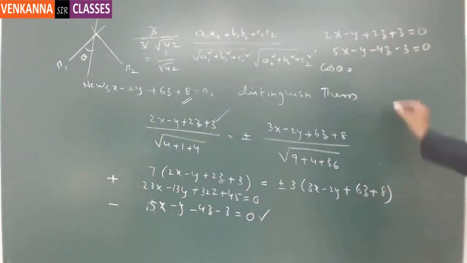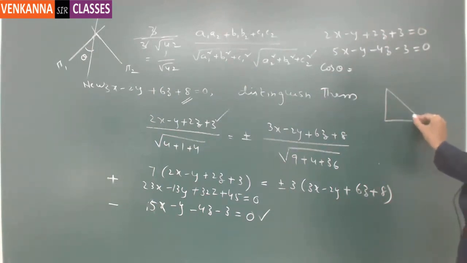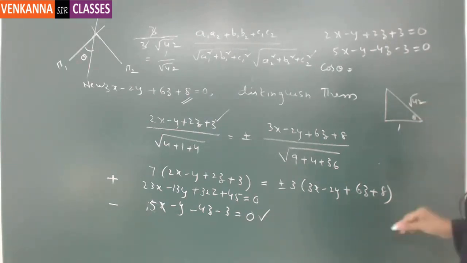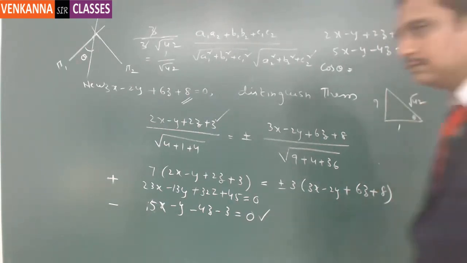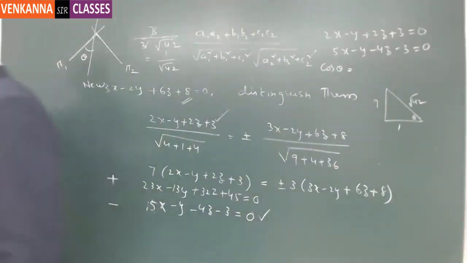Now, if you take the angle substitution, this is theta, you have calculated cos theta, so this is 1, this is root 42. So can you give me this value? Root 41?